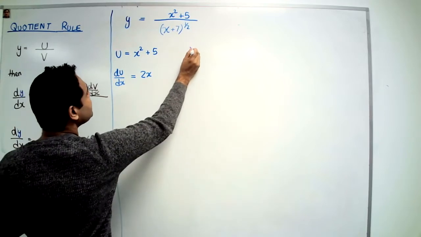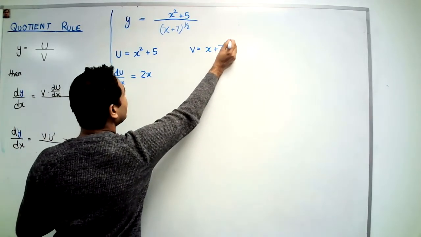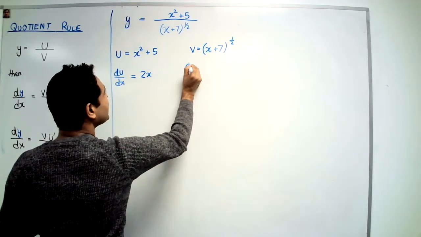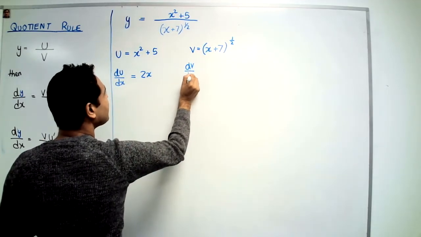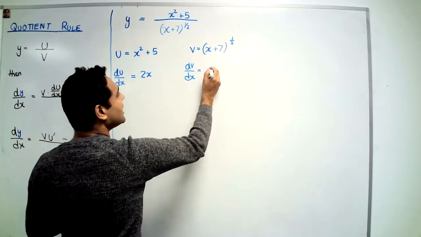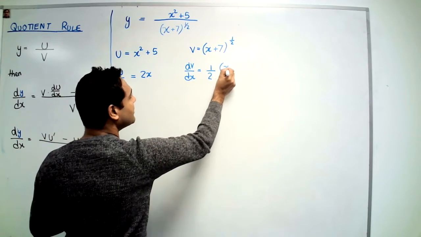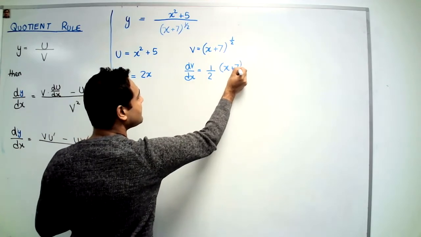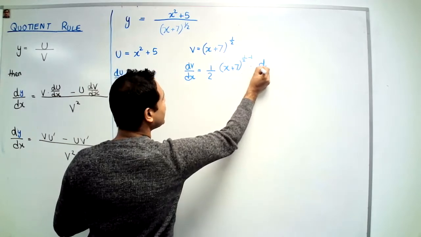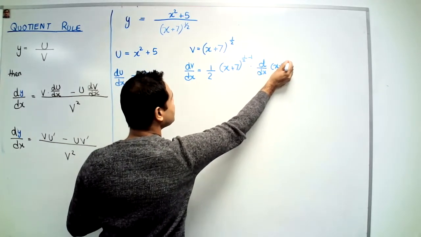V is x plus 7 to the power half. Now I need to differentiate that one. When I differentiate that one, the power comes out, so the half comes out, reduce the power by 1, and then you need to differentiate this bit, x plus 7.